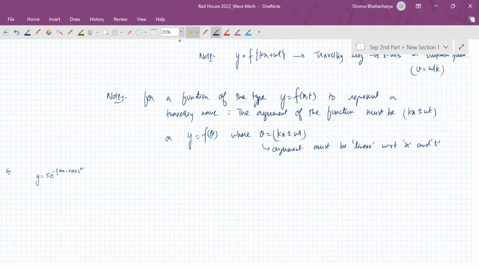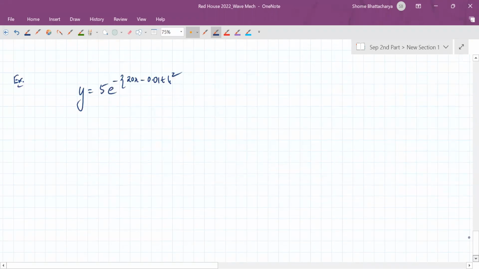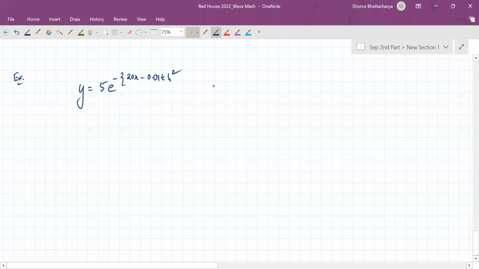Okay, so let's come to this example. y is in millimeters, let's say, x is in meters, t is in seconds.